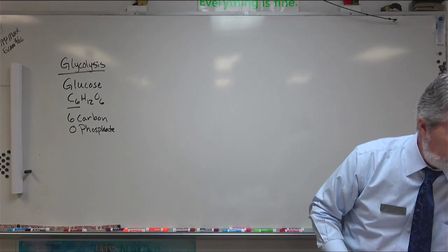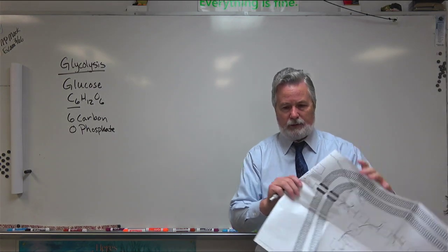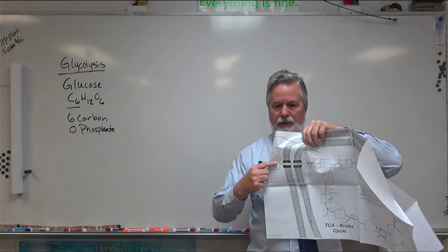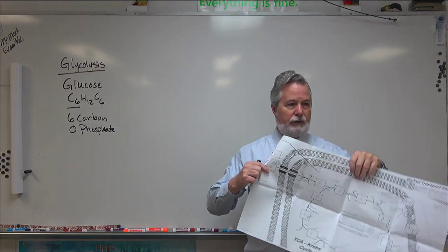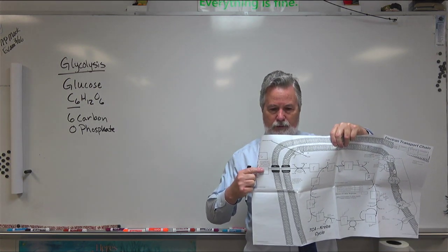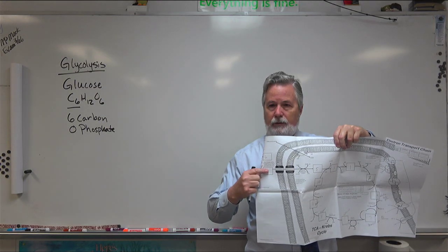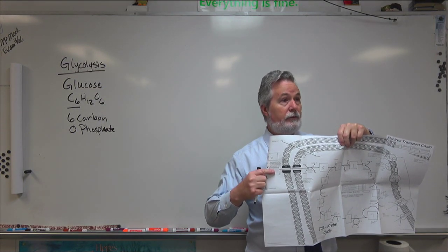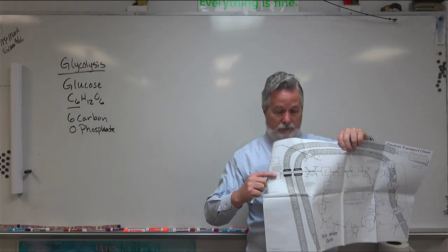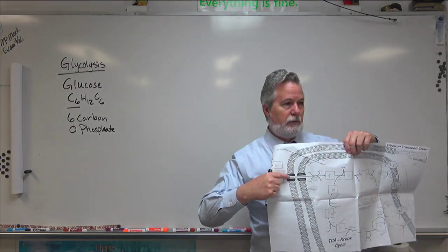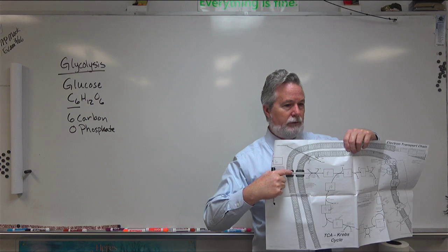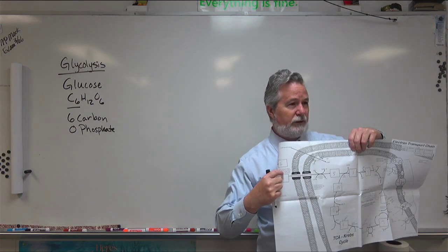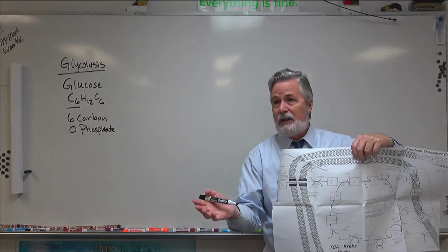Let's do that again, but with a different part of the flow chart. What about this right here? These two guys right here. What do those look like? Channel or carrier proteins? Oh, you're just pointing to these. Yeah, these two right here. See the shape? So if it's got a hole that goes through it, it's going to be a channel protein.